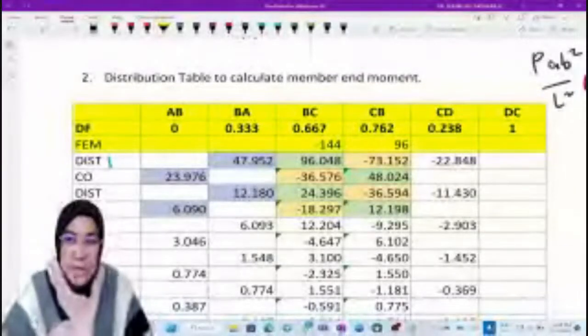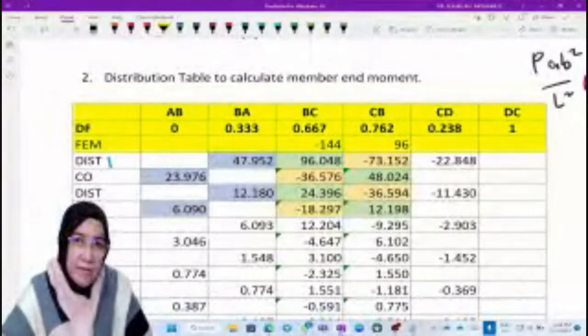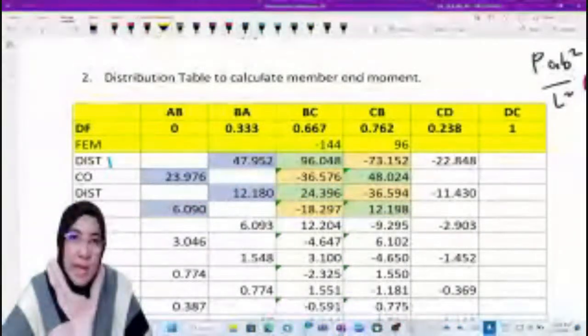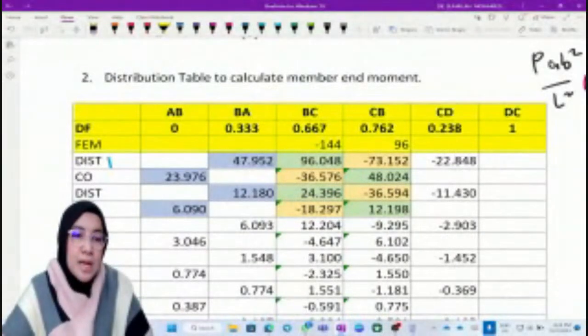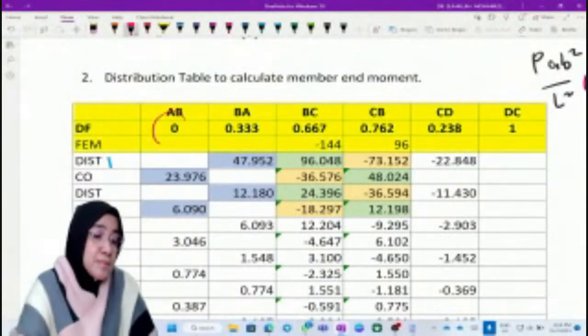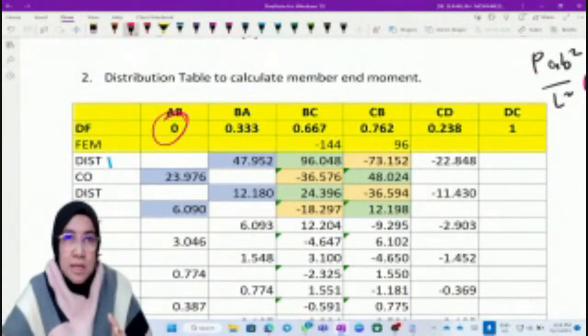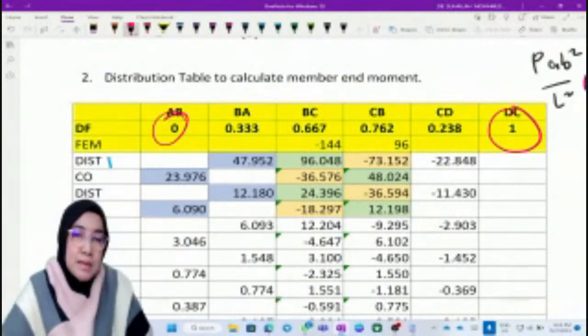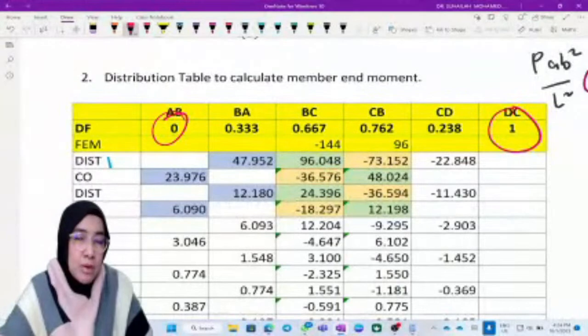Next step is carry over. Under this step we have to be careful. We have to make sure the end conditions at A and D are referred to. At A, because the factor is 0, we know that the end is fixed, and 1 at D shows that the end is pin or roller.